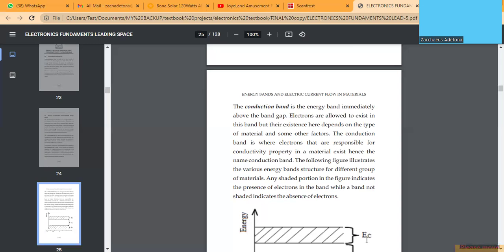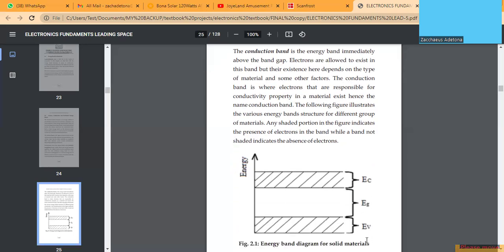The conduction band is the energy band immediately above the band gap, and electrons are allowed to exist there. The electrons responsible for conductivity in a material are those present in the conduction band. So the band of energy possessed by the electrons in the conduction band forms the conduction band.